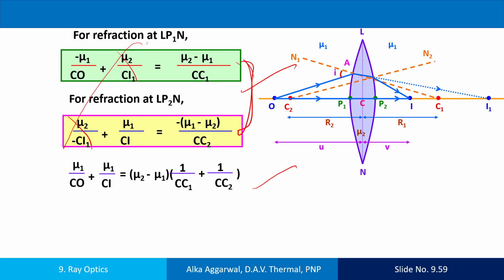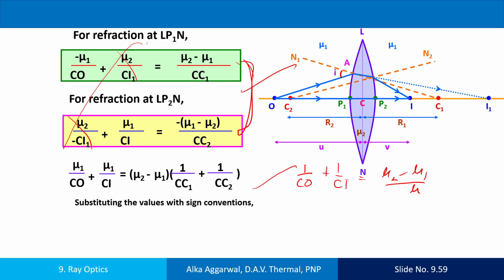Now divide this equation by mu1. It becomes 1 upon CO plus 1 upon CI equals mu2 minus mu1 upon mu1 into 1 upon CC1 plus 1 upon CC2.